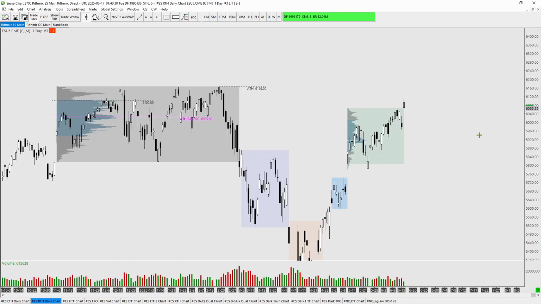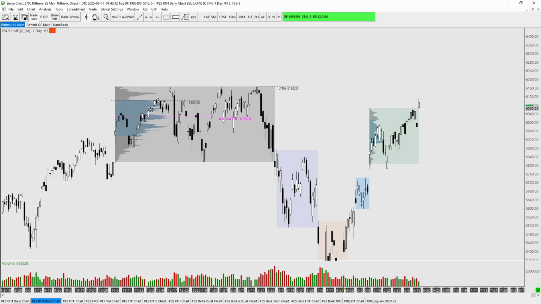So I like to go to my RTH daily chart, and what I do is I define a range here. This range is from like November last year, November 2024, to February/March 2025.